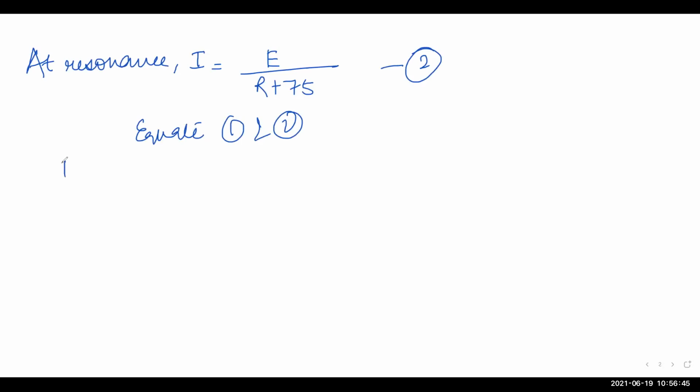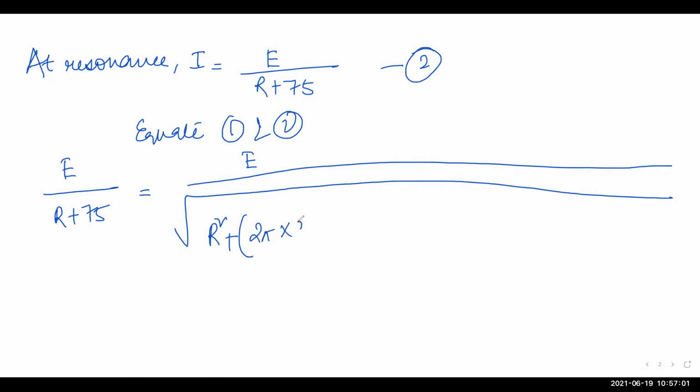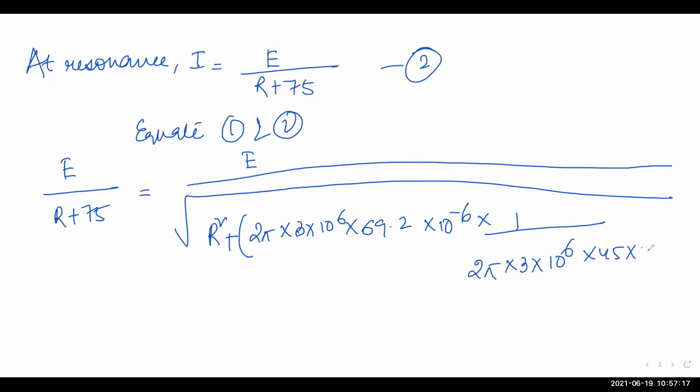So, in that case, equating this, E by R plus 75 will be equal to E divided by the whole thing, R square plus 2 pi 3 into 10 to the power 6, 69.2, 10 to the power minus 6 multiplied by 1 by 2 pi into 3 into 10 to the power 6 into 45 into 10 to the power minus 12, whole square.